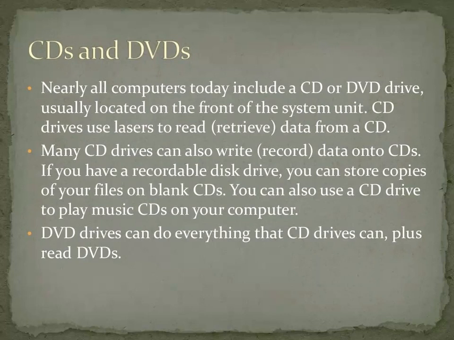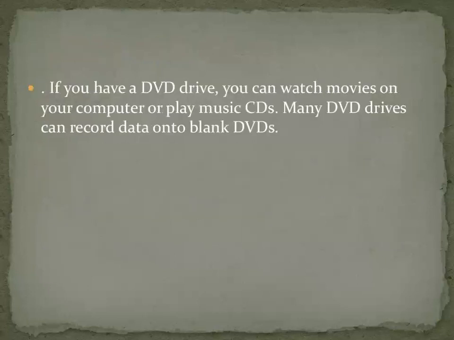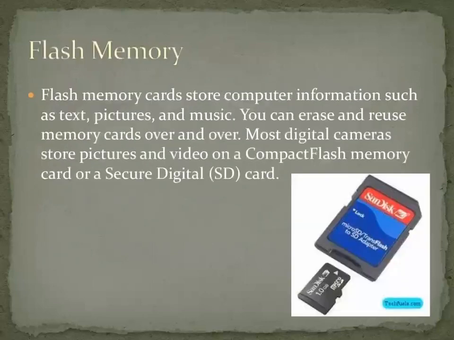You can also use a CD drive to play music CDs on your computer. DVD drives can do everything that CD drives can, plus read DVDs. If you have a DVD drive, you can watch movies on your computer or play music CDs. Many DVD drives can record data onto blank DVDs.